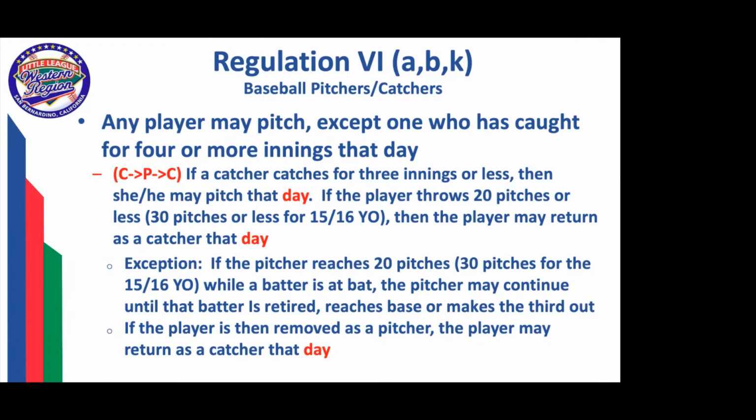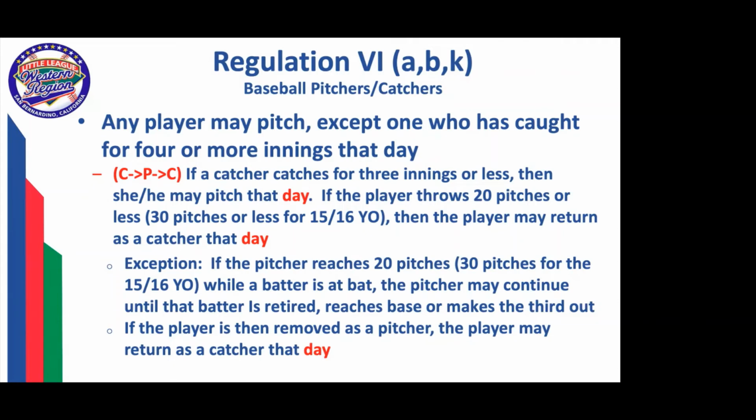There's an exception which runs through a lot of these pitching and catching rules, and it has to do with limiting the number of changes required while a batter is at the plate. So if a pitcher reaches those 20 pitches while the batter is at bat, the pitcher may continue until the batter is retired, reaches base, or makes the 3rd out.